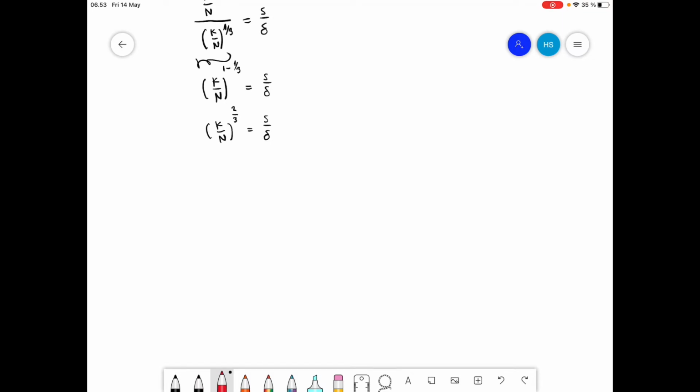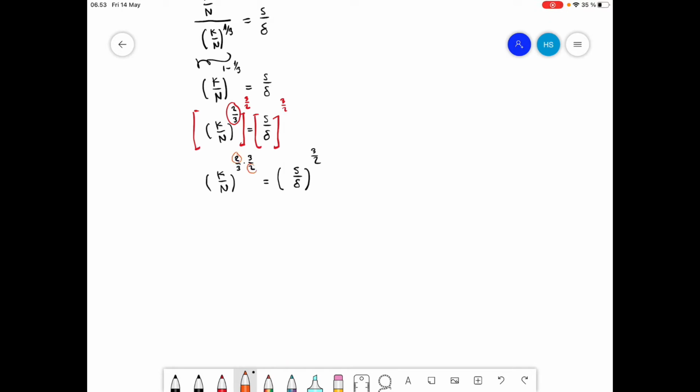Now we need to solve for the capital stock in per worker terms in steady state. How do you do that? We raise both the left and right hand side to the power of the inverse of the exponent that the capital stock per worker is raised to. That is 3/2. Then we get that k over n raised to 2/3 times 3/2 should be equal to the saving rate over the depreciation rate, everything raised to 3/2.